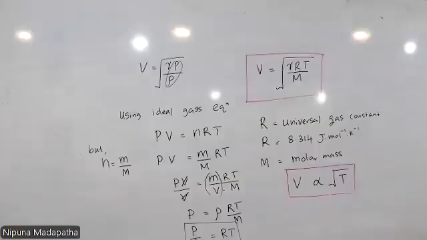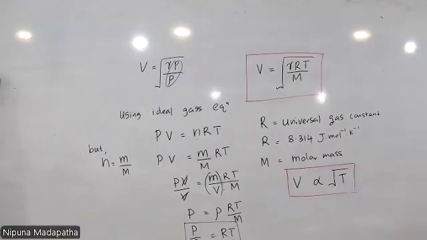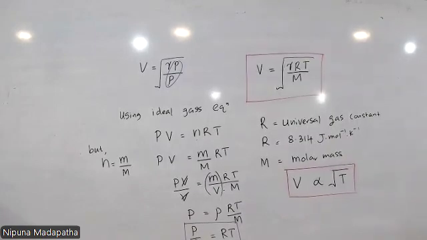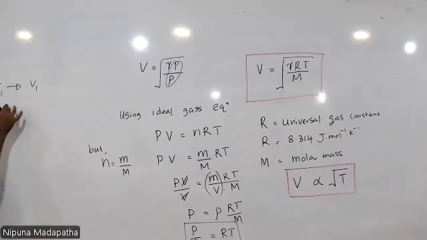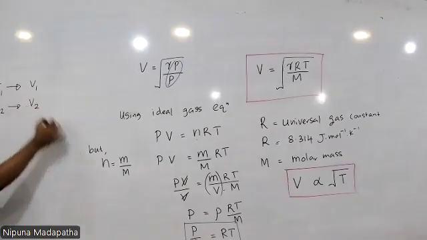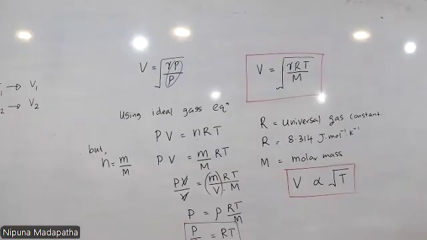Right. Another thing. Suppose for a given gas, we consider the speed of sound at two temperatures, two situations. When the temperature is T1, suppose the speed of sound is V1. At temperature T2, the speed of sound is V2. So we can get a relationship between V1, V2 and T1, T2.